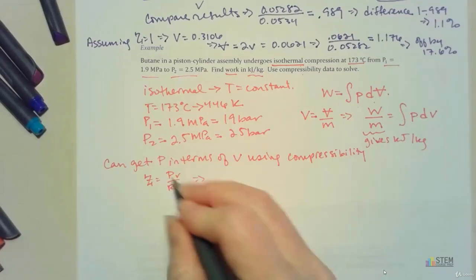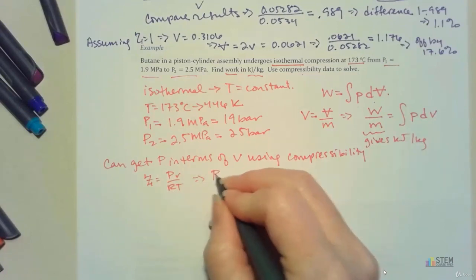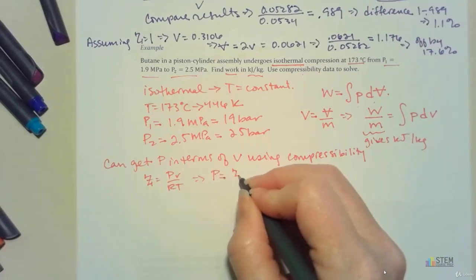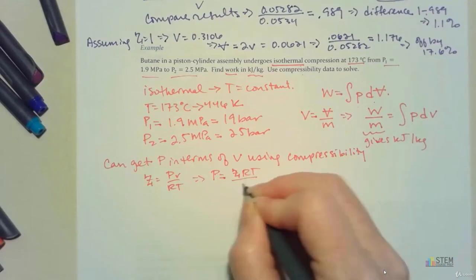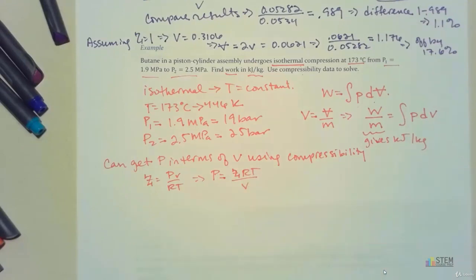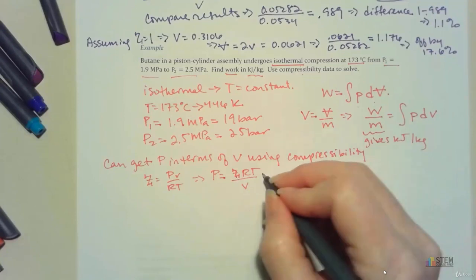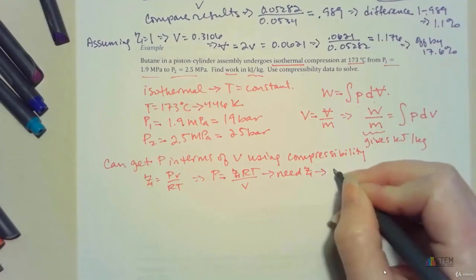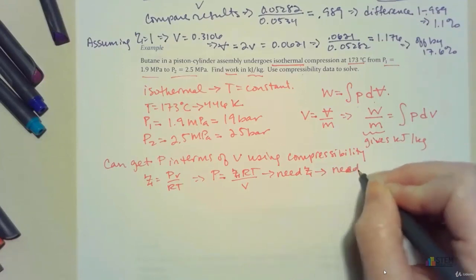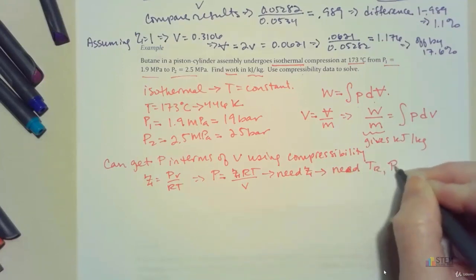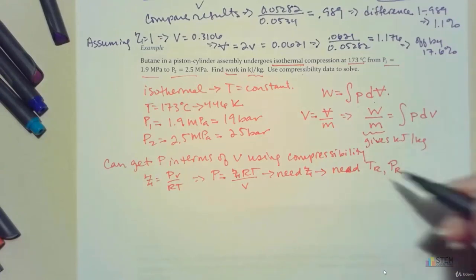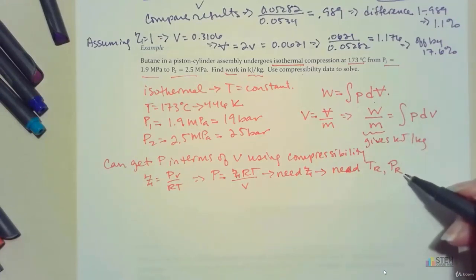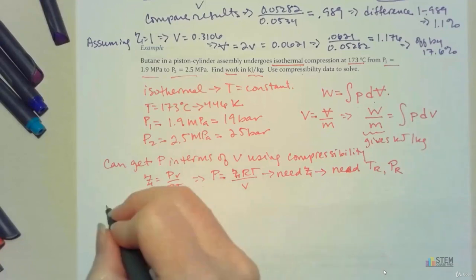So let's restructure this equation, solve for P. P, which is pressure, is going to be Z times RT over v. Now in order to do this, we have to know what Z is. We need Z, and to find Z, that means we need reduced temperature and reduced pressure. We got to find these two values before we can do anything else. Let's go ahead and find those.